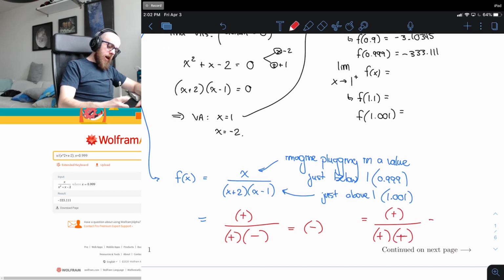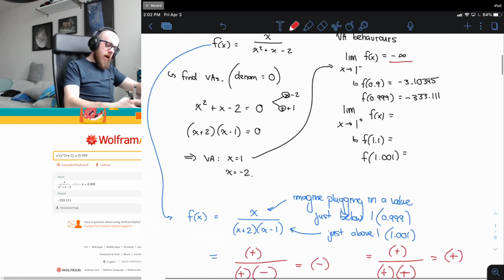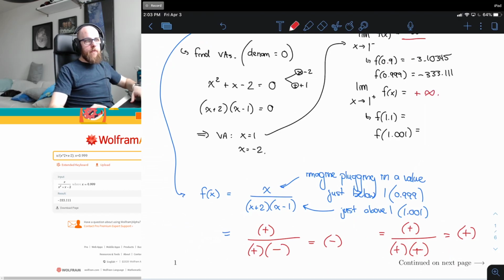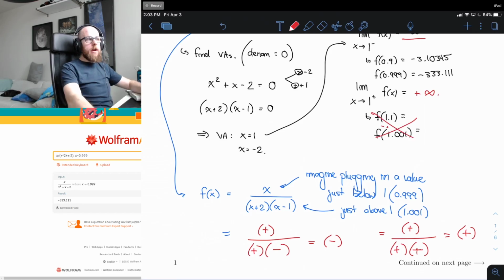So I get a positive divided by a positive times a positive, which is positive. I note that the limit goes off to positive infinity. So I don't even have to compute test points. I can do this off the cuff, and it's quicker that way. It's a quick way to evaluate limits. Any questions about the end behaviors near that vertical asymptote, or are we pretty good?